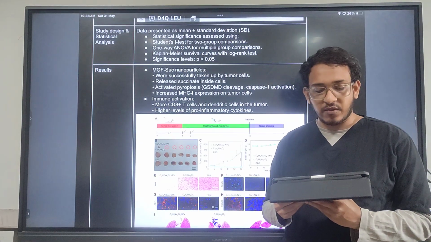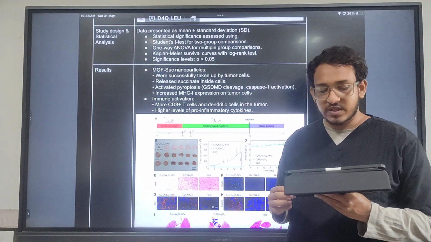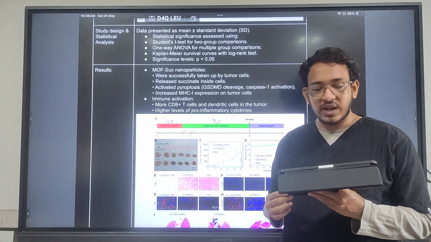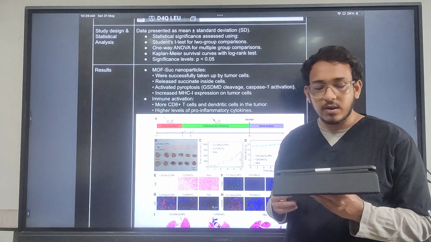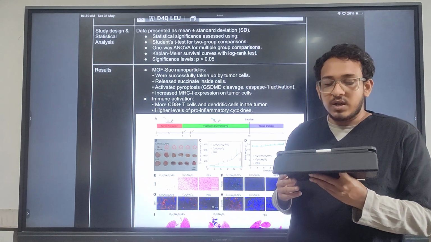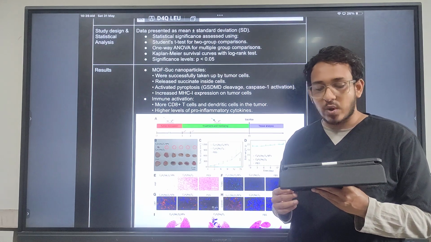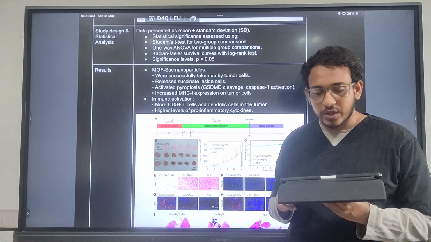The results: the MOF succinate nanoparticles were successfully taken up by the tumor cells. It released succinate inside the cells, which activated the pyroptosis, with GSDMD cleavage and caspase 1 activation, and also increased the MHC1 expression on the tumor cells.